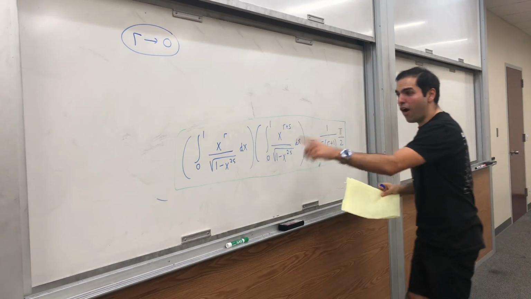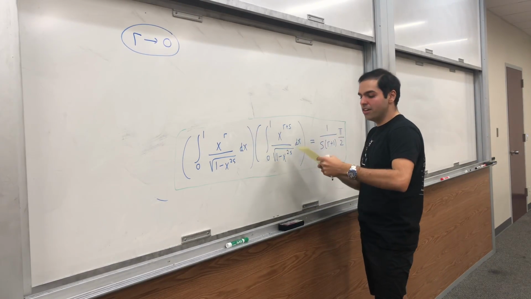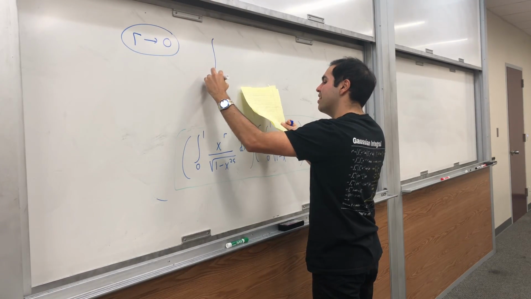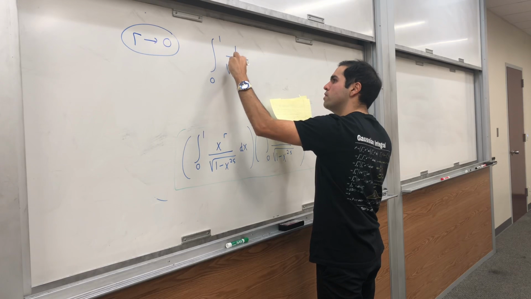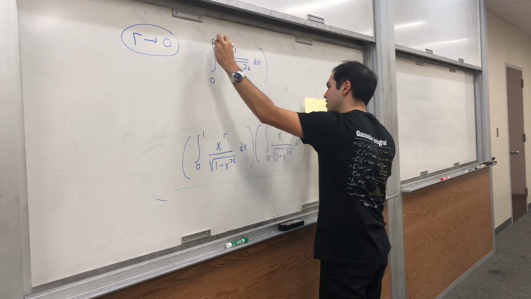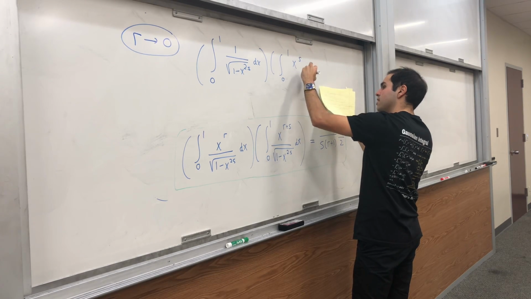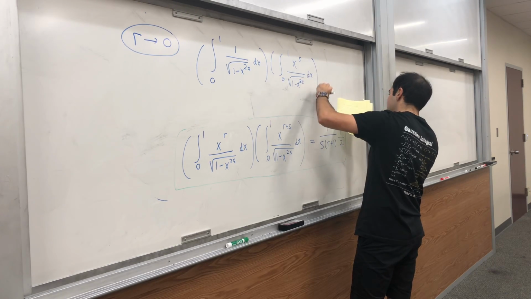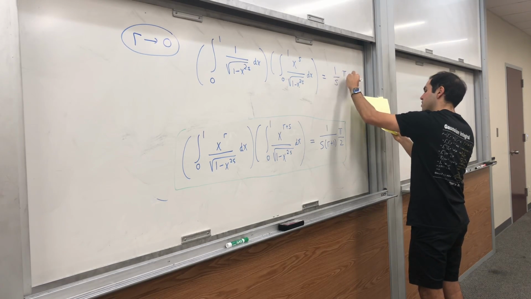If r goes to 0, assume everything is nicely behaved and you can pass to the limit under the integral. So probably a dominated convergence thing in there. So then we get the integral from 0 to 1 of x to the 0, so 1 over square root of 1 minus x to the 2s dx, times the integral from 0 to 1 of x to the s over square root of 1 minus x to the 2s dx, equals 1 over s times pi over 2.